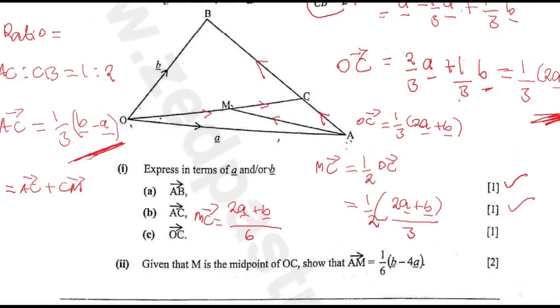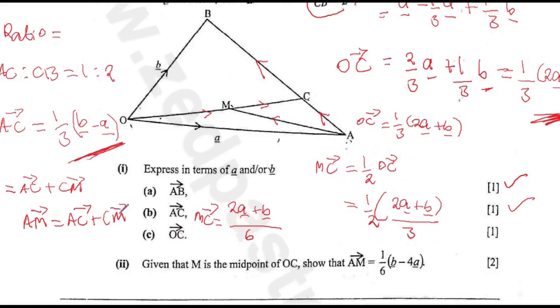And then we said we have the vector AC, which is this one here. We added it to the vector CM, and then we found the vector CM by finding the vector MC and flipping the vector MC to give us the vector CM. So we did two things. We found the vector MC, flipped the vector MC to give us the vector CM by introducing a negative there.